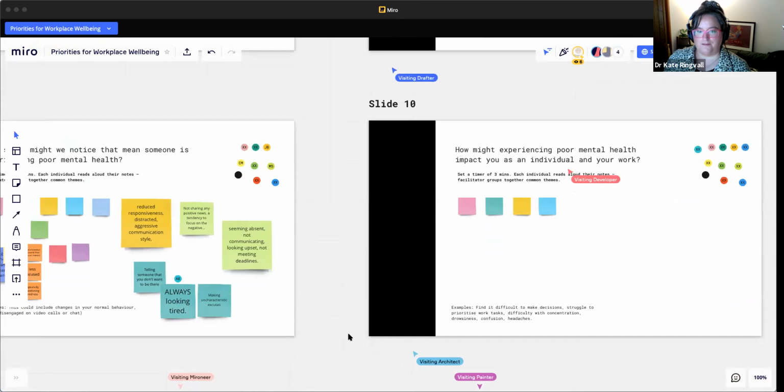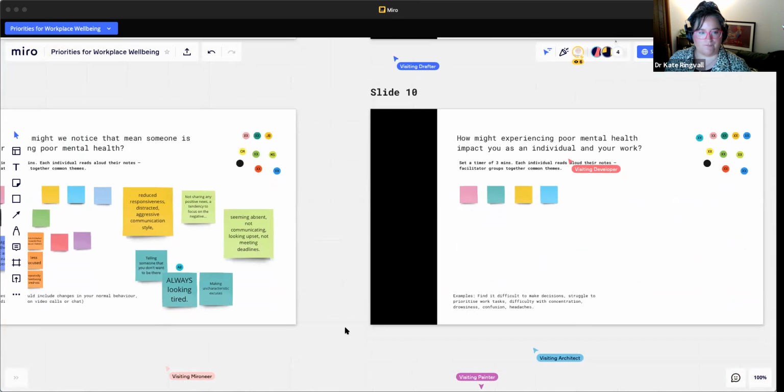So once again, the post-it notes that you've made on the left-hand slide, we want you to think about how might experiencing poor mental health impact you as an individual and your work. Actually, we don't need to worry about what you've got on. This is a new one.